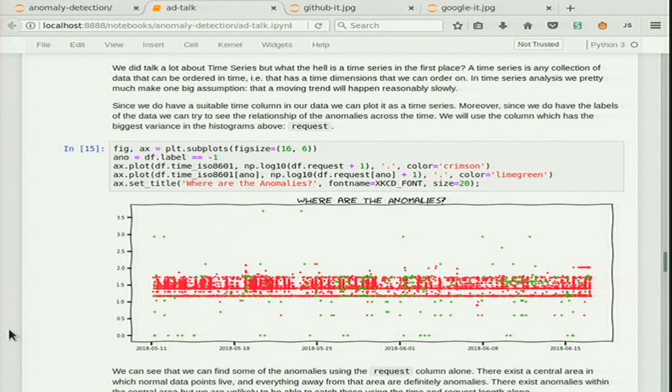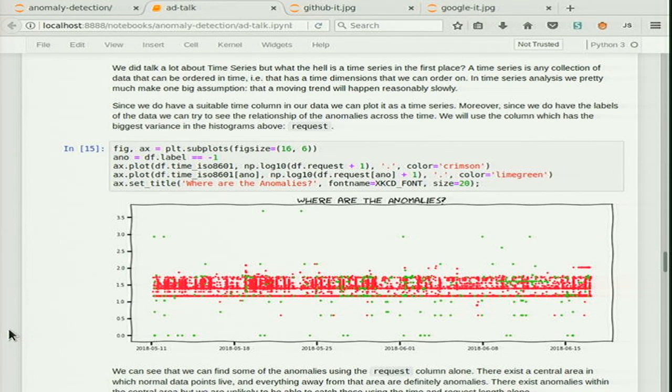I find that there are a lot of green dots in the middle, and that's pretty difficult to figure out why. We are trying to find anomalies. I see there's a normal band in the middle, so most requests are right in the middle, and that's normal, but there are green dots there.